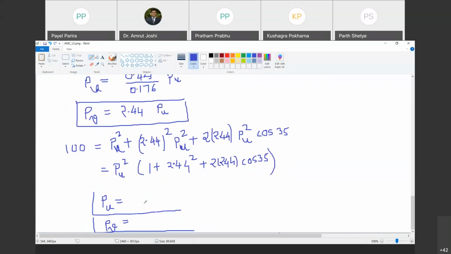Is it 3.021? Yes, sir. It is 3.021. Yes, it says 3.022 after rounding off. And then what is PV? This multiplied by 2.44. So 7.37. Do you agree with me? Yes, sir.